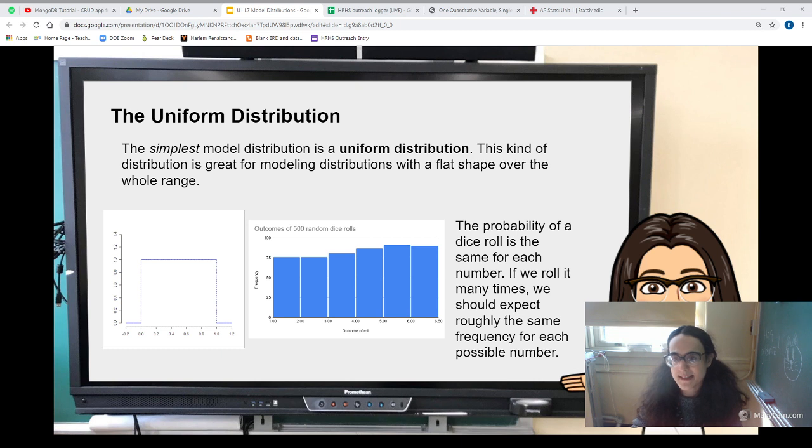I can't shoot a 6-sided die and get a 7. That's not going to happen. I can't get a 0 or a -1. I can only get 1 through 6. Anything else has 0 probability, so in my distribution I'm not going to get anything there. It's 0, goes up, and then comes back down.